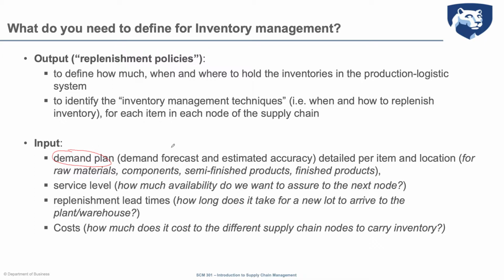So we need the demand forecast and the estimated accuracy of this forecast in order to realize this product for period 10, I will need this type of material at this time, and in order to arrive at the final market in this period, this material needs to be held in this location. But without knowing the demand plan, of course, I'm not able to plan which material and when I will have to produce. Then, of course, I have to define the service level.